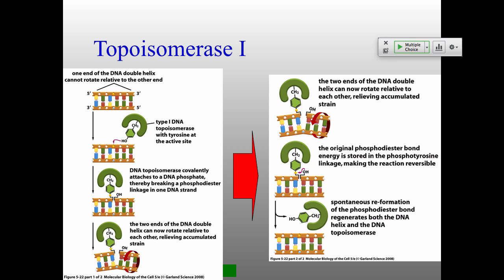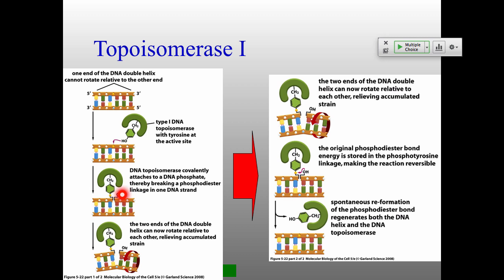You have a double-stranded DNA, which gets cut by this type 1 DNA topoisomerase that uses an OH on a tyrosine side chain. It's a very typical kind of reaction. That OH is basically pretending to be the 3' OH that's present in your DNA backbone. So it binds here. Now you have a 3' OH, and the DNA just wraps around itself.